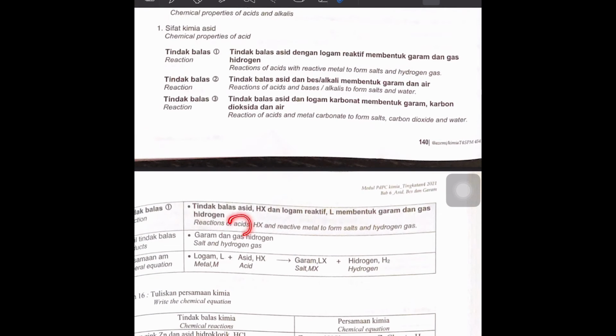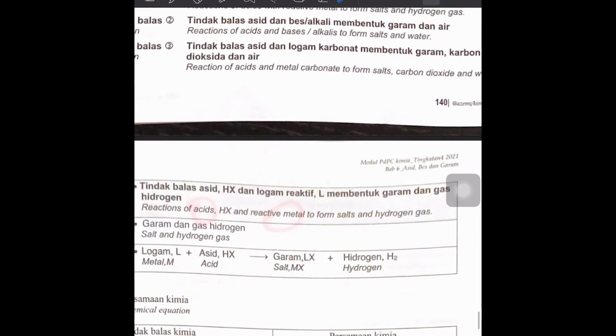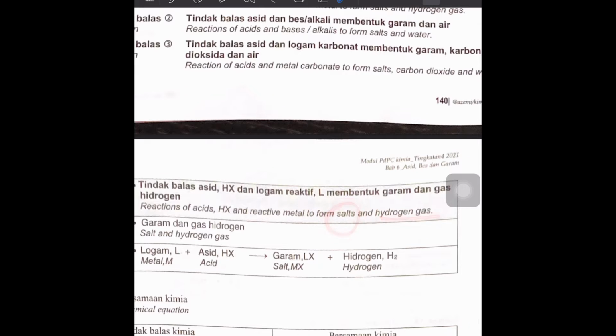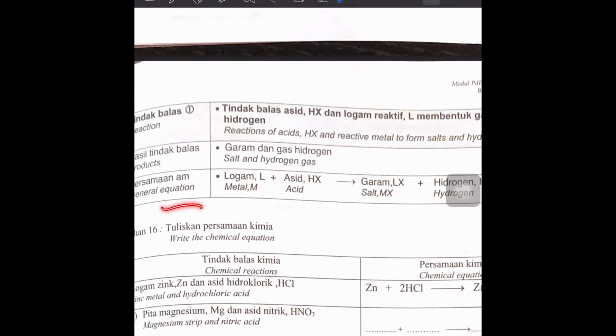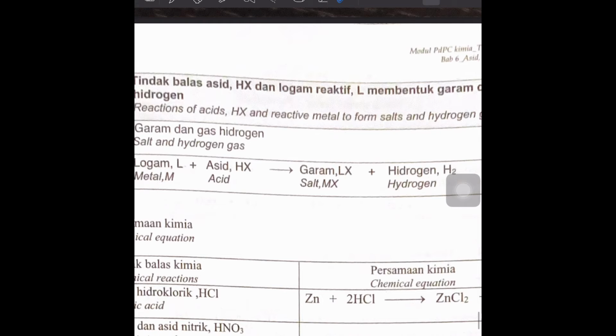So when acid reacts with metal, they can form salts and also hydrogen gas. The products are salt and hydrogen gas, and this is the general equation. Any metal reacting with any acid will form salt.